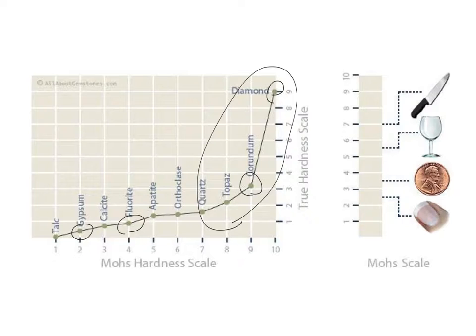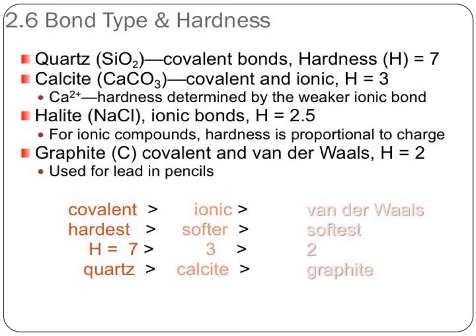The hardness scale was actually developed early in the history, before some of these more quantitative tests were designed. So again, this relates back to the crystal structure and the kind of crystalline matrix that the minerals have.